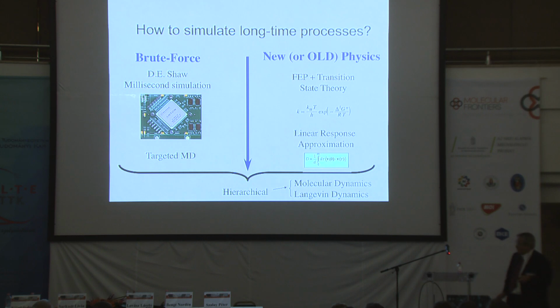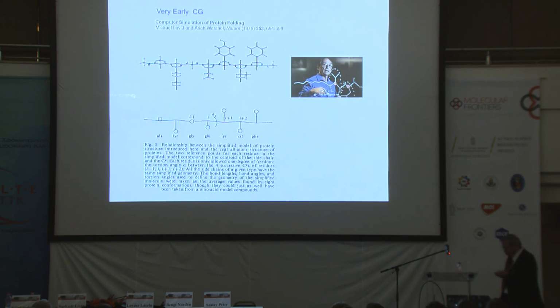If we have a large one, there are 2 options. One is to wait until this specialized D. E. Shaw machine will be able to really do it, or to use tricks, including using Brownian dynamics. So one trick that we use, which goes back to 1975 with Mike Levitt, is to simplify the side chains to spheres.